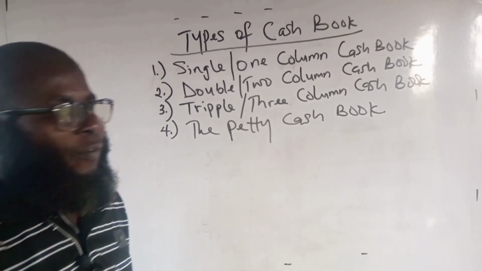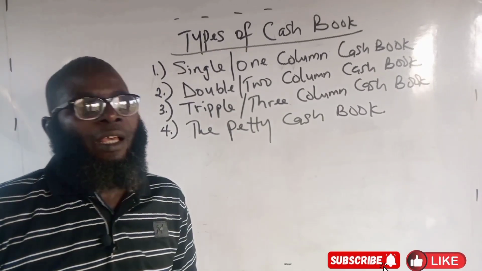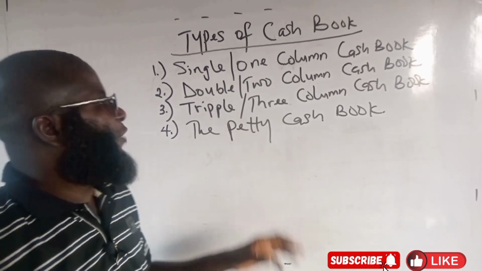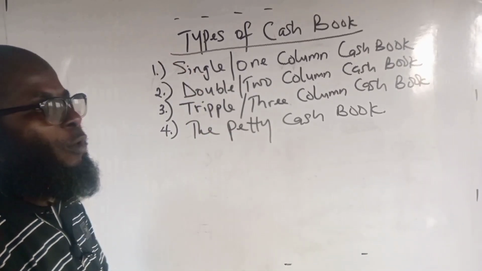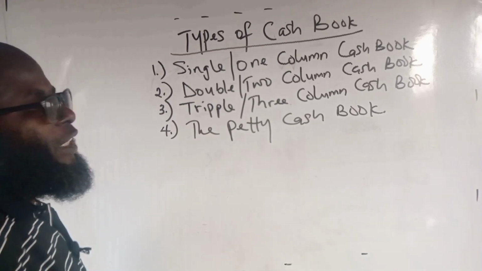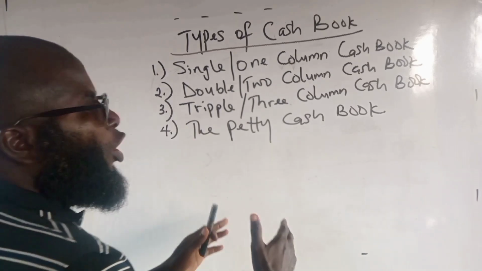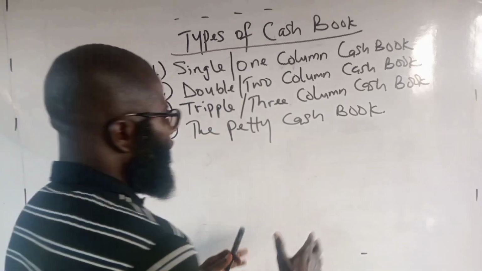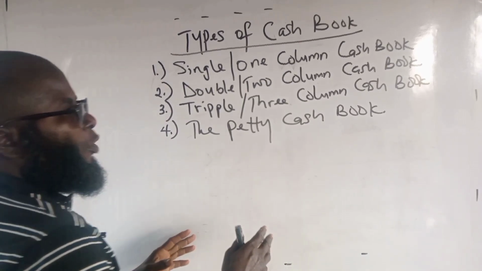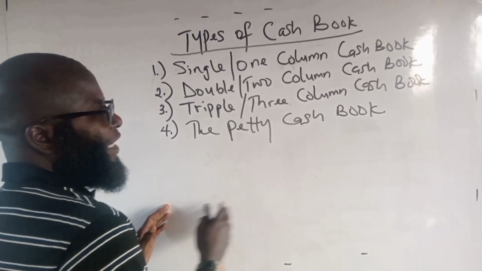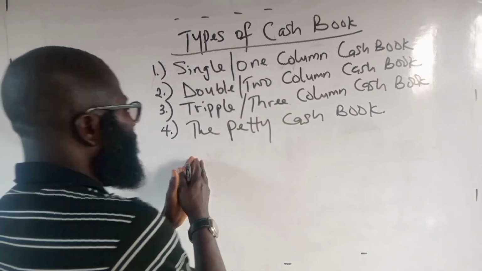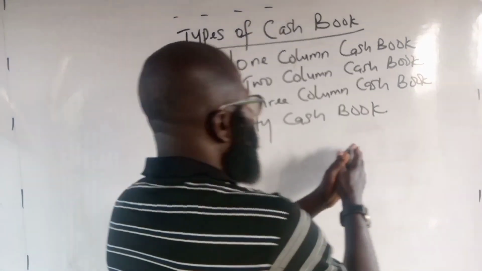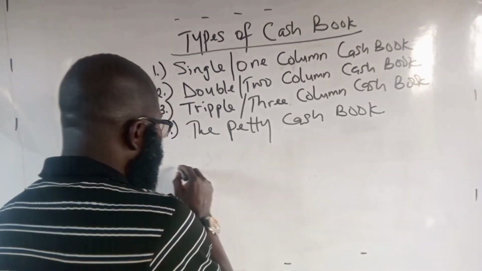Now, the first one is the single or one column cash book. As you can see from the name, this particular cash book contains only one column, which has to do with the column of the amount. We have such a column on both the left and right hand sides of the cash book. I mean, we have it on the debit side, likewise on the credit side of the account.